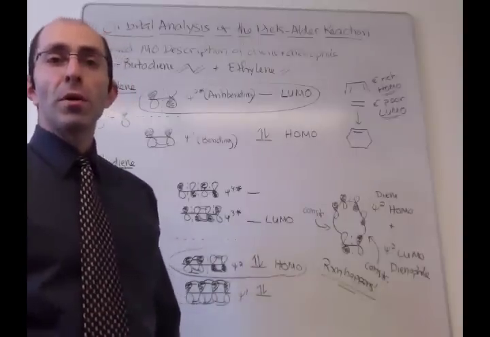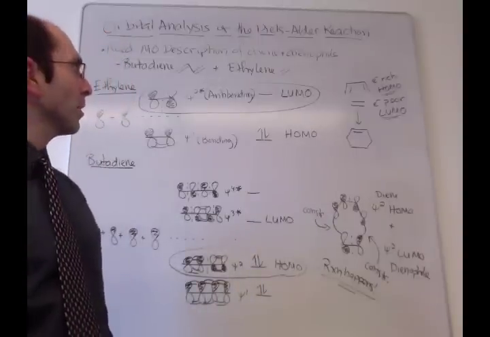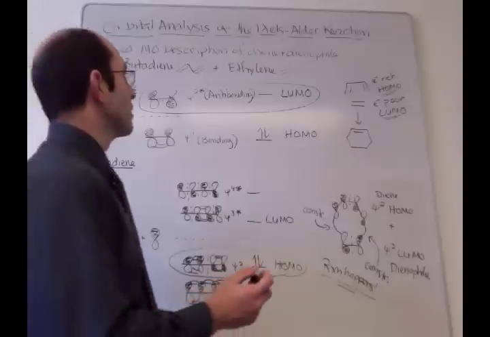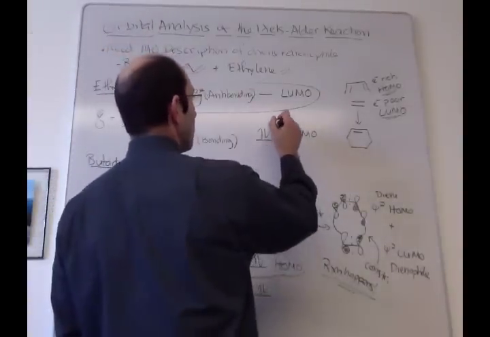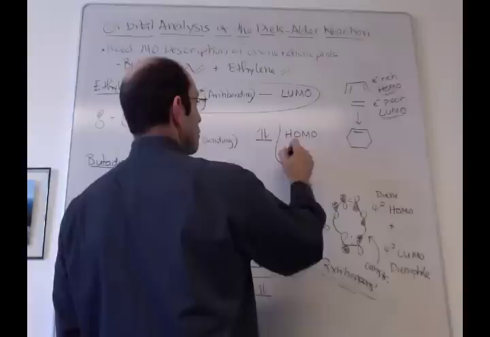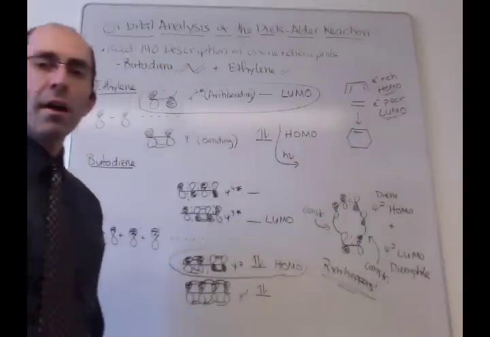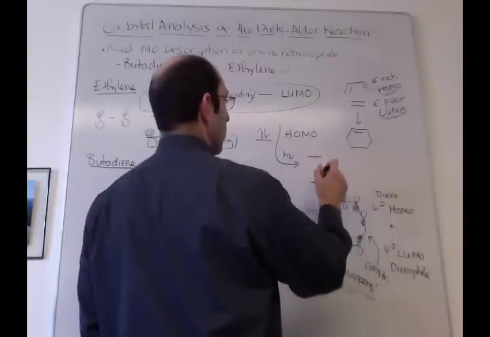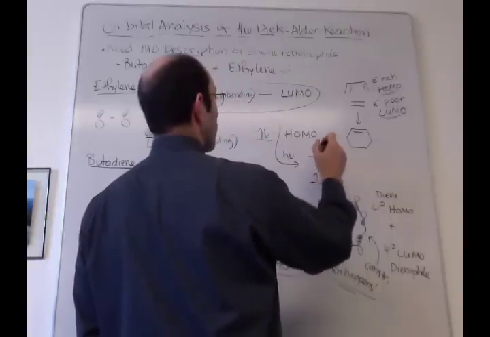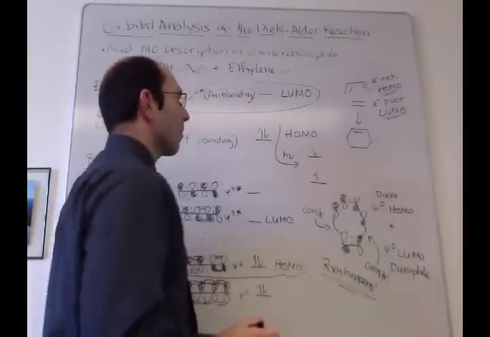The only additional thing that you need to know is what happens when you do a reaction under photochemical conditions. Right? Under photochemical conditions, if we're looking at what we have up here on the board, if we take ethylene and shine light on it, what happens? We're going to take one electron from the HOMO and promote it to the LUMO. Right?